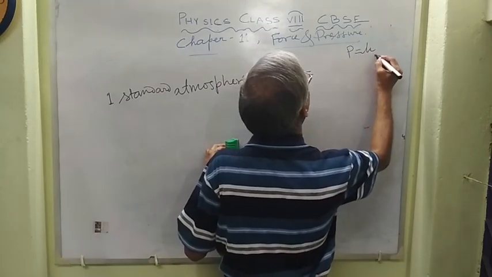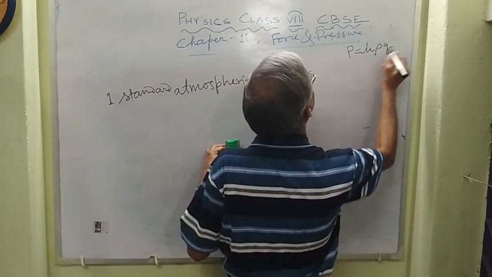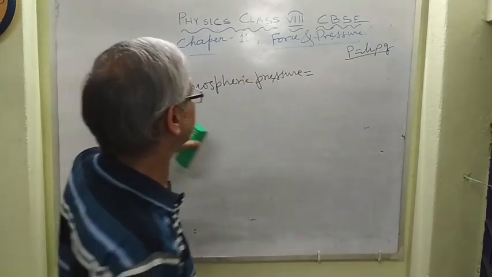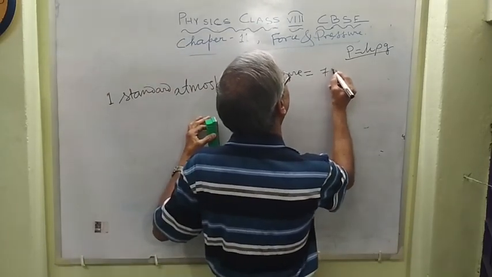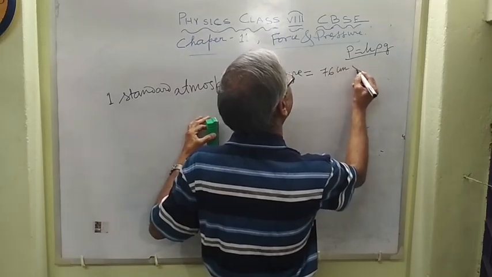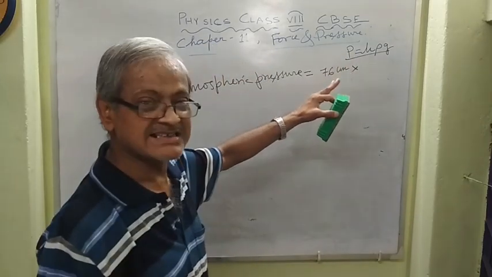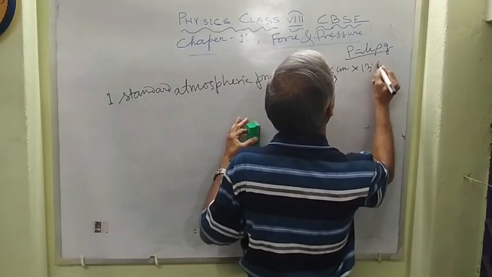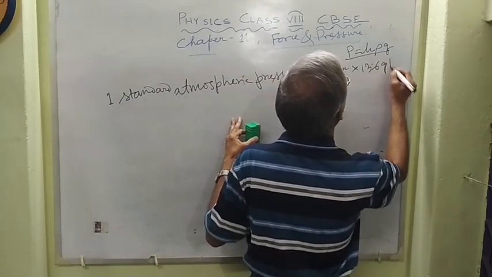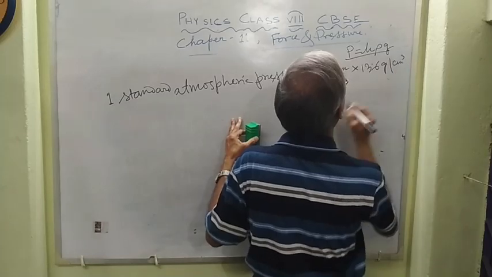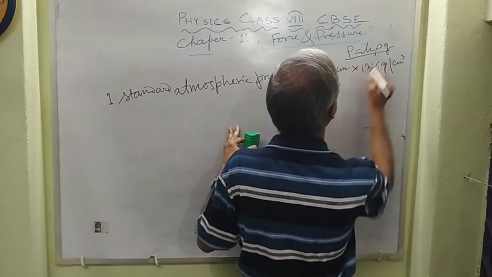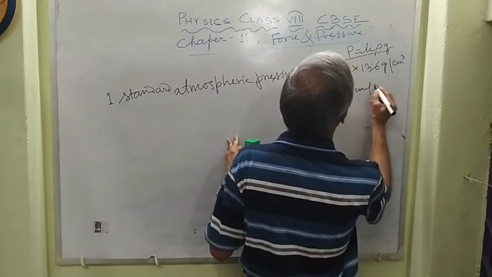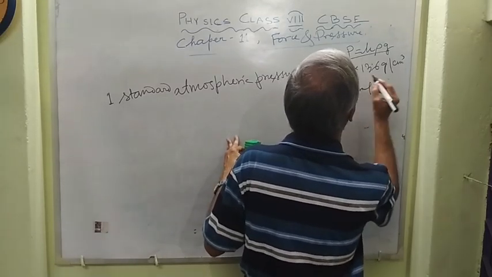That is, h is the height of the mercury column, 76 centimeter. Rho means density of mercury, 13.6 gram per centimeter cube in CGS system, and 981 centimeter per second square is the acceleration due to gravity.